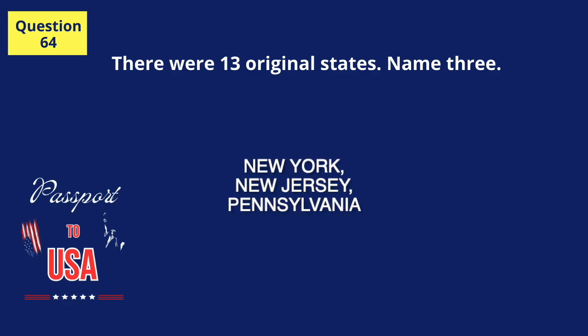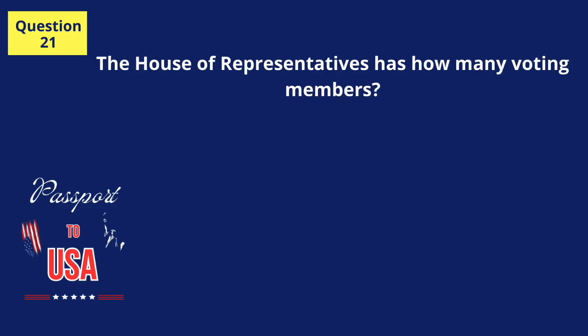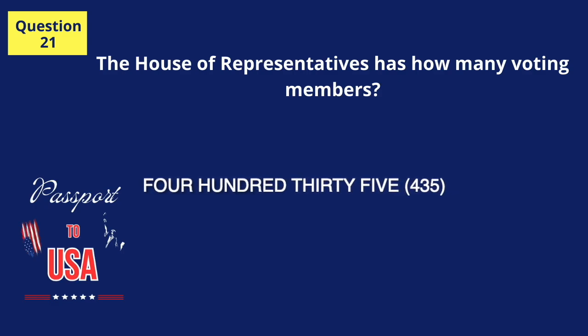New York, New Jersey, and Pennsylvania. The House of Representatives has how many voting members? 435.